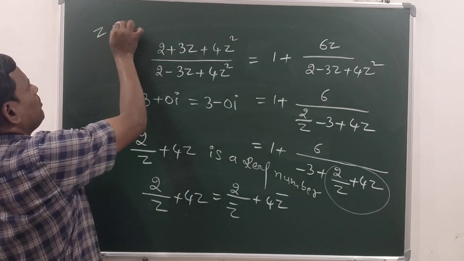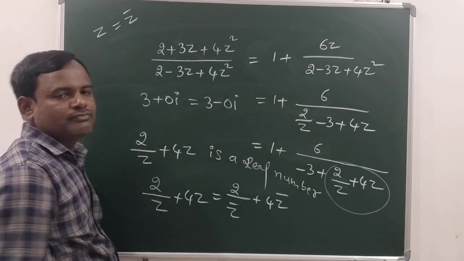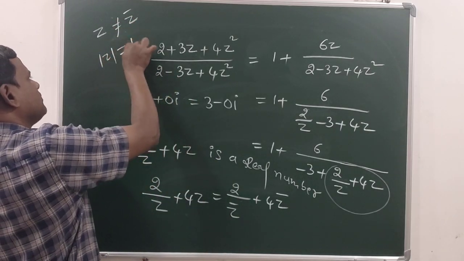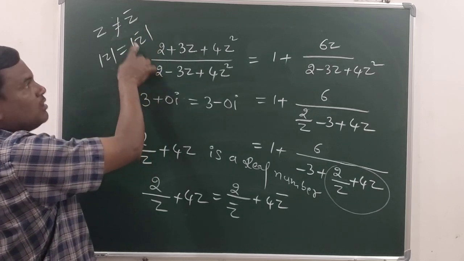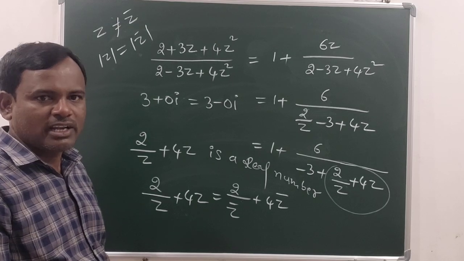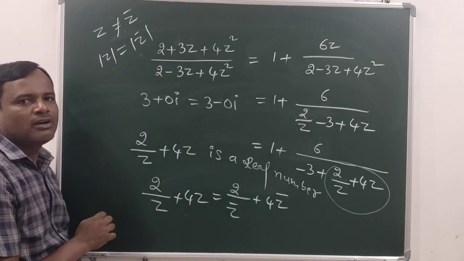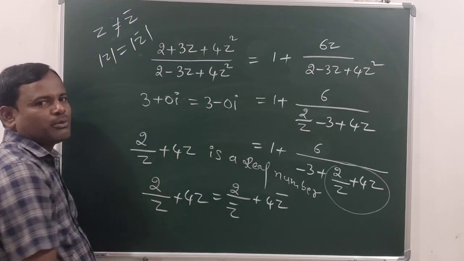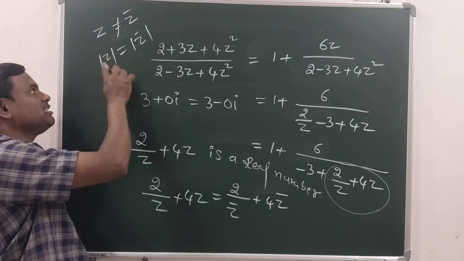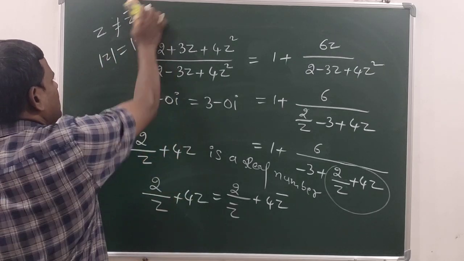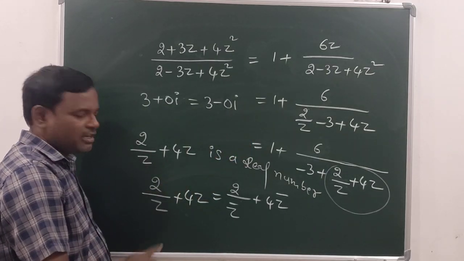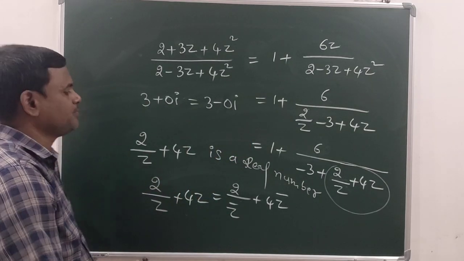Actually, a complex number and its conjugate are not equal, but their magnitudes are equal. A complex number and its conjugate are equal if and only if the imaginary part is 0. In all other cases these two are not equal, but their magnitudes are equal. It is a real number as per the given data. Hence this is equal to its conjugate.